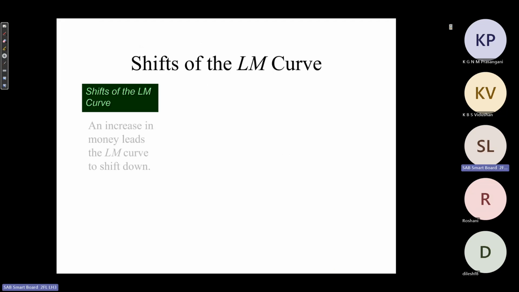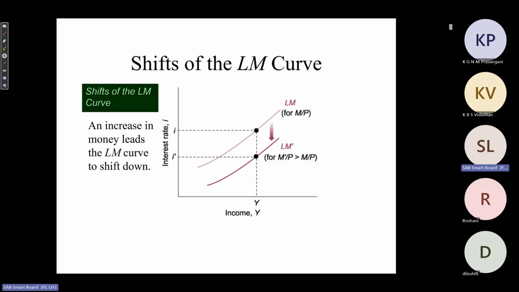Now for an example, I am not going to explain these things in a broad way. If there is an increase in the money supply, you know that we discussed real money balance, M over P. If the central bank increases the money supply, real money balance changes. That means the entire money supply curve shifts to the right.